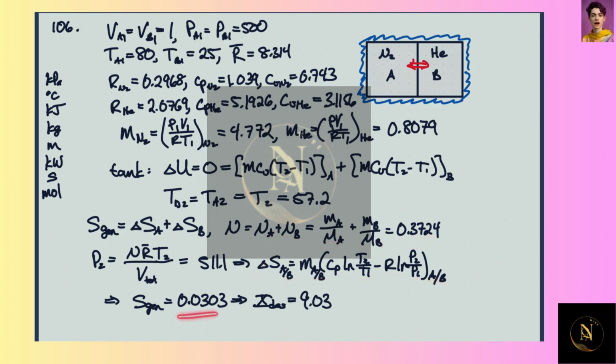Doing that, we wind up with 0.0303 kilojoules per kilogram Kelvin of entropy generated. Multiplying that by the surrounding temperature, which again, I always forget to write in here. The surrounding temperature was told to be 25 degrees C. So multiplying that by 298 Kelvin, we wind up with an exergy destroyed of 9.3 kilojoules.